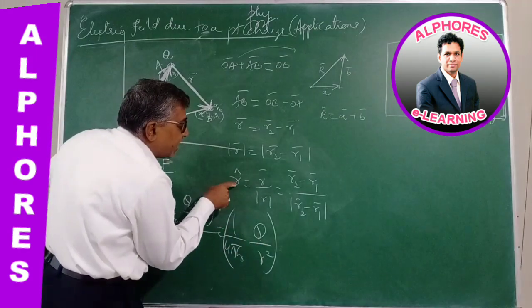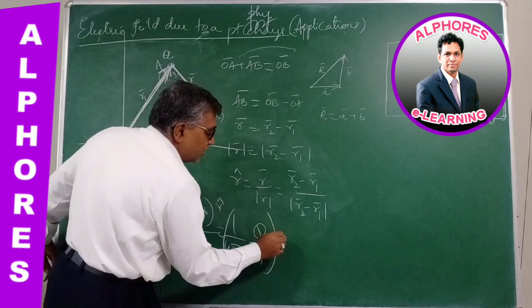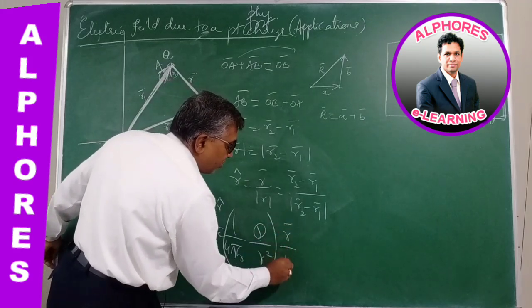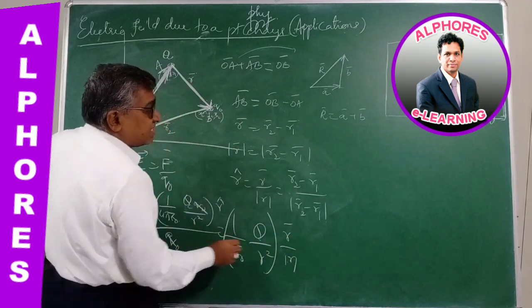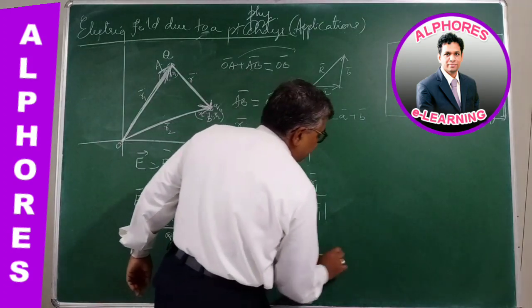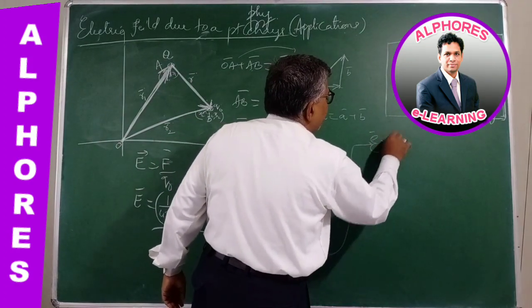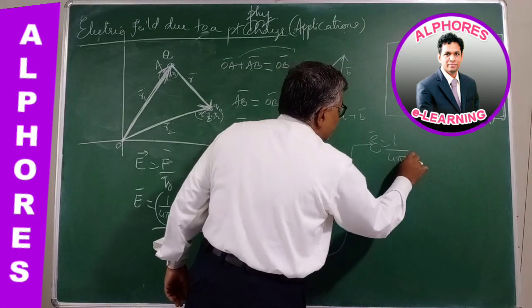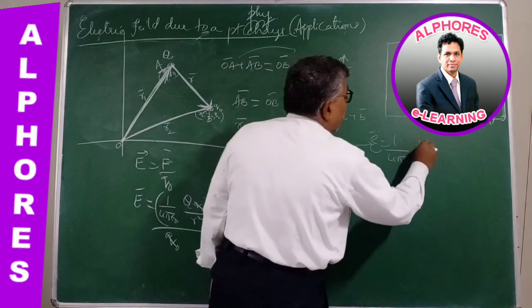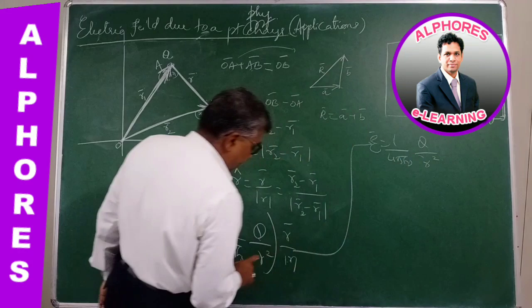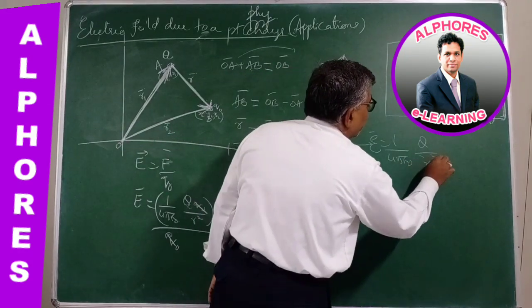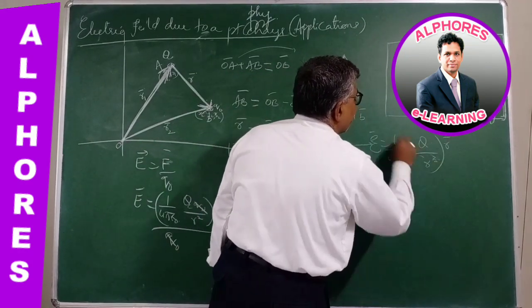But what is R cap? R cap is R bar by R, so it's R bar by mod R. Multiplying this, E bar is 1 by 4 pi epsilon naught capital Q by R square into R, it's R cube times R bar.